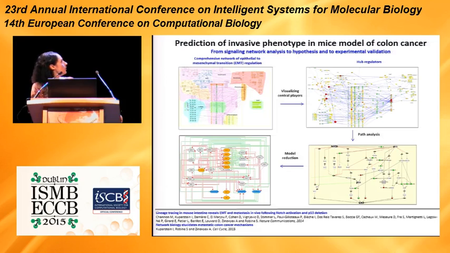So in the first example, we address the question of creating transgenic mice of invasive colon cancer. According to the current status of the field, despite the fact that colon cancer is very much studied, there is no good mice model with early metastasis.